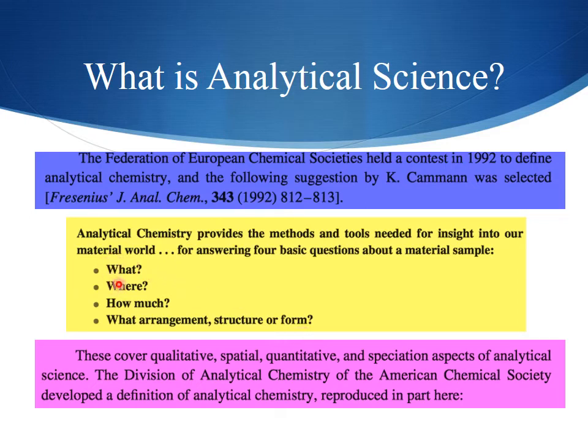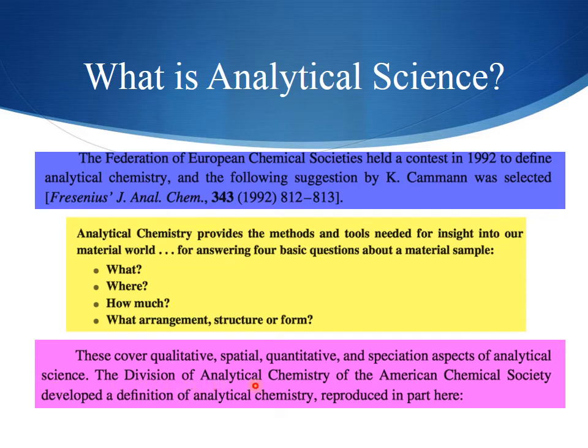So these two, what and where, are associated with qualitative analysis, and how much and what arrangement, structure or form, these two are related to quantitative analysis. So these four aspects cover the qualitative, spatial, quantitative and speciation aspects of analytical science.